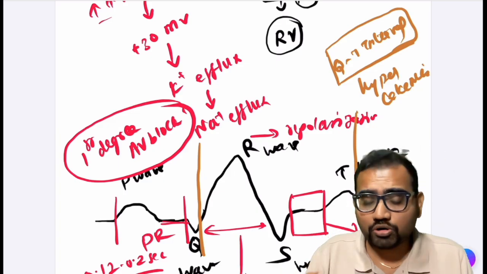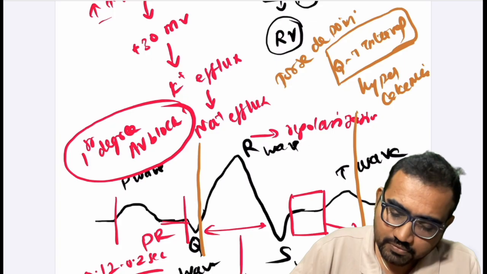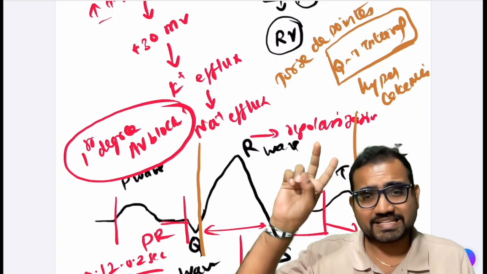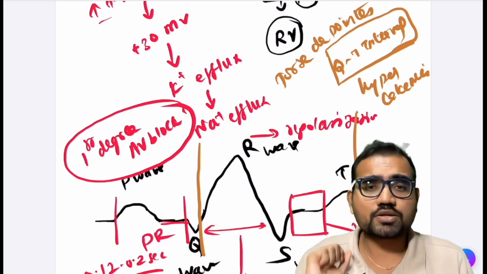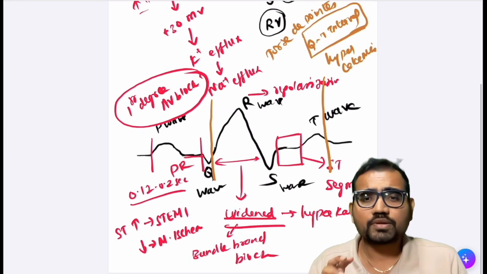If it is prolonged, then that is torsades de pointes. So there is the PR interval, the ST segment, the QT interval, and the QRS complex.